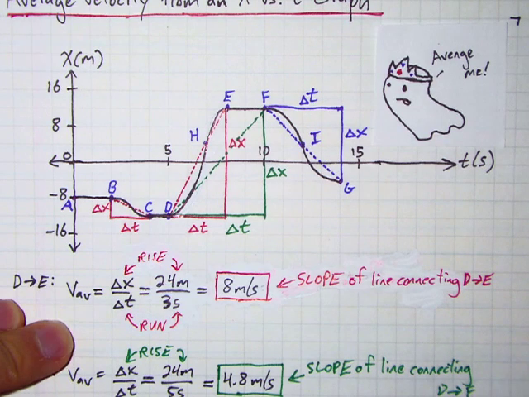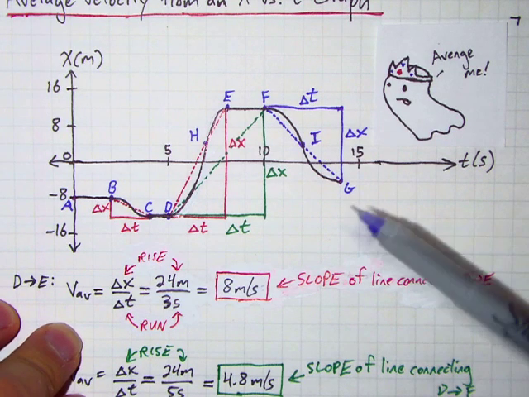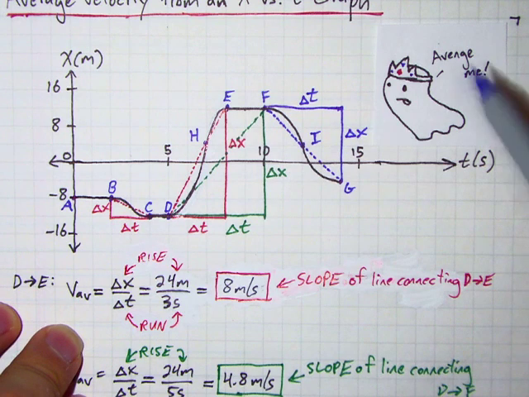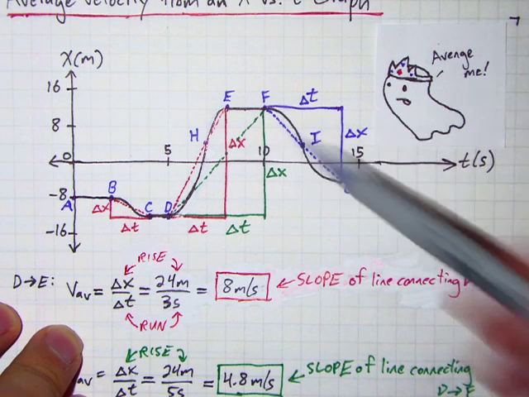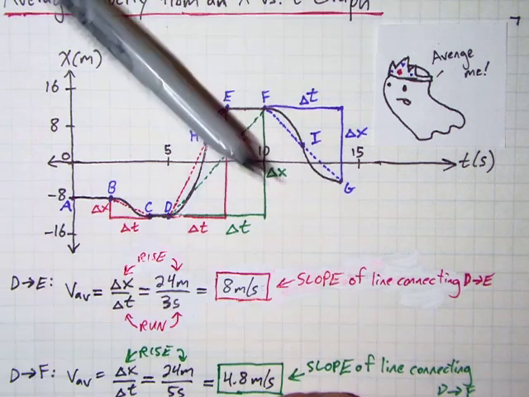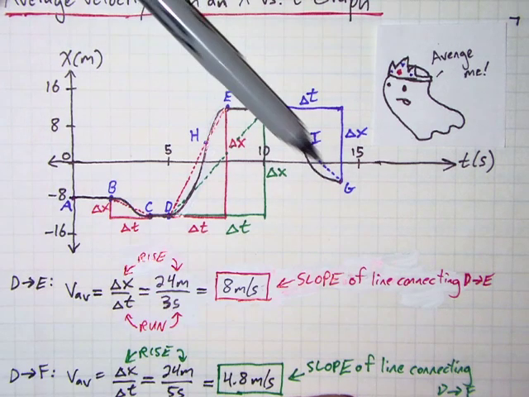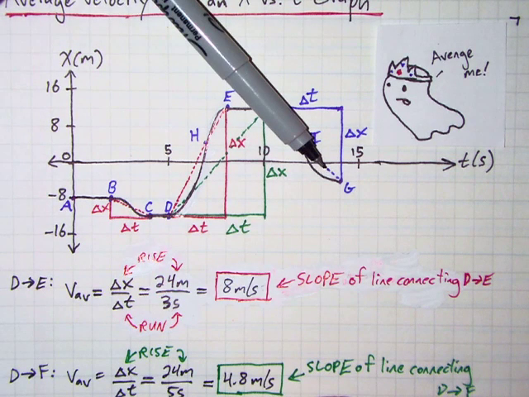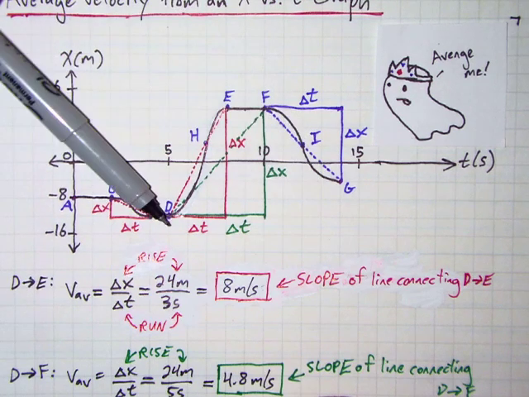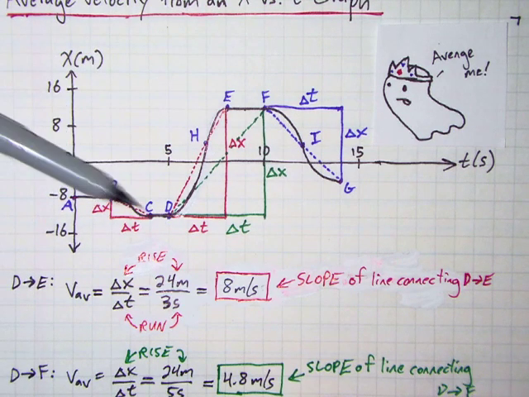So without doing any calculations, I can look at the slopes of these two lines to get some idea of the average velocity between these two events and the average velocity between these two events. You can tell by eyeball that this slope is a bit steeper than this slope. This slope here, if I bring it over, I realize I've got to tip this way to match that slope.